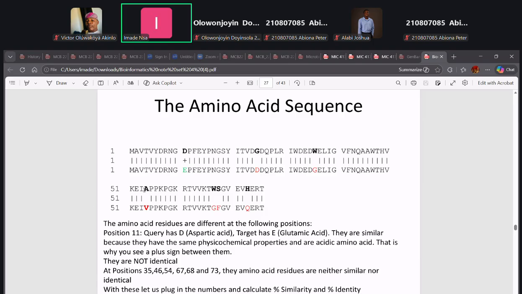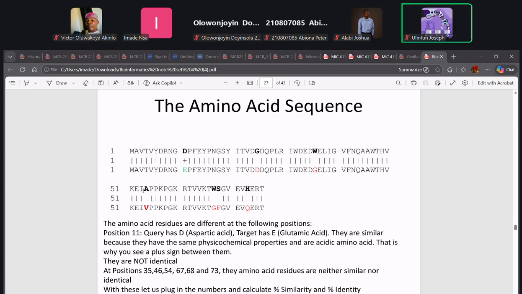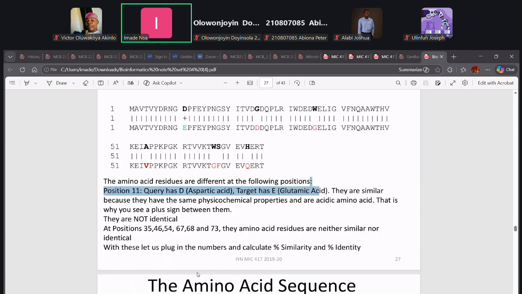They are not identical at 54. They are not identical at 67, 68, and 73. So now you can see the regions where they're identical, right? In only one place. Sorry about putting 46, because 46 is not among them. So they are not identical at positions 35, 54, 67, 68, and 73.